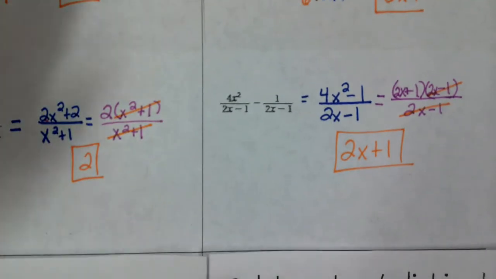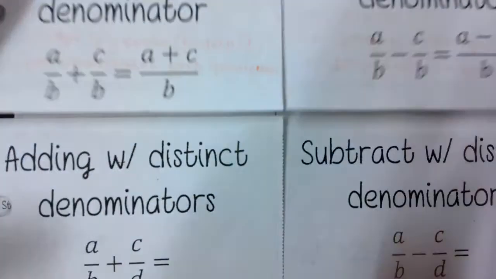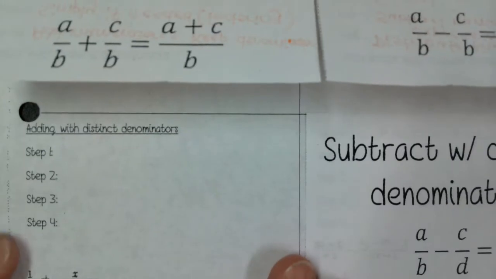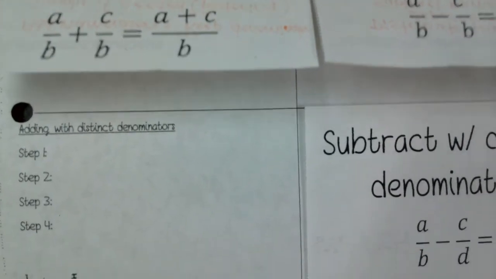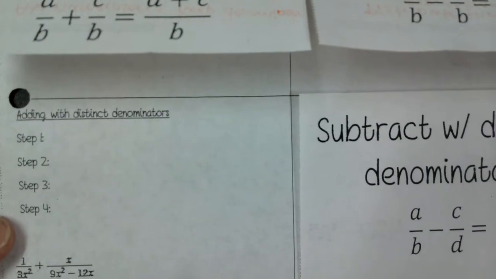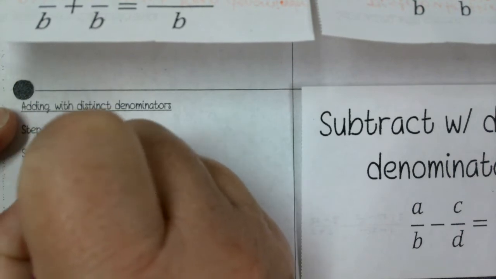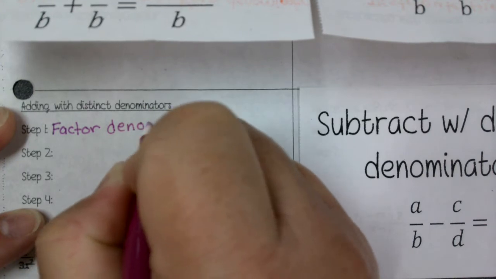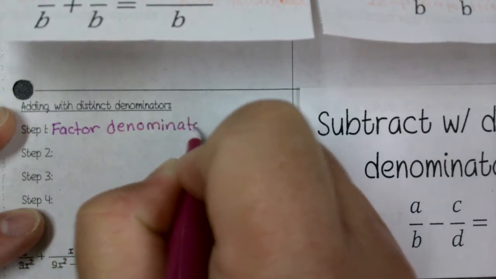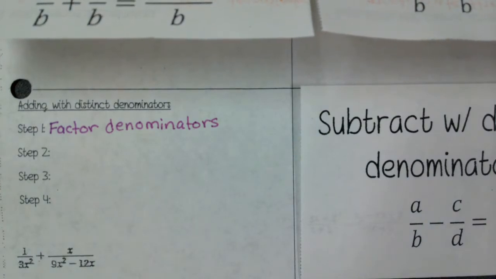All right, so we're going to go from adding and subtracting with a common denominator to adding and subtracting with distinct denominators. The first thing to do when we have distinct denominators is we do need to factor the denominators. It will not do you any good to factor the numerators because when we have to add or subtract, we would have to multiply them back together. So only the denominators need to be factored first.